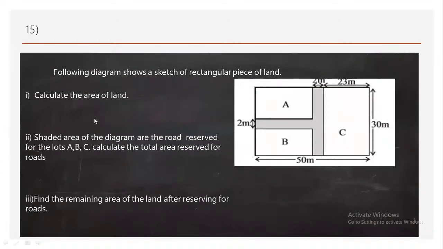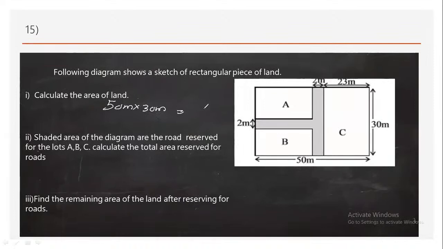Following diagram shows a sketch of a rectangular piece of land. Calculate the area of the land. So first step here, length into breadth, this whole land without concerning about the roads and all, right? Area 50 meter into 30 meter.